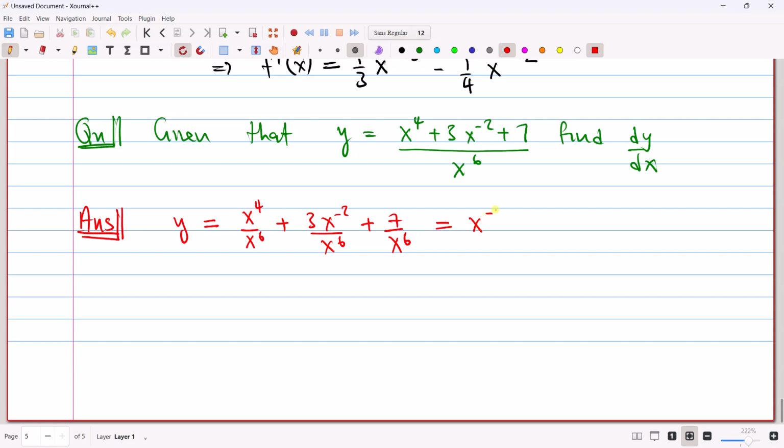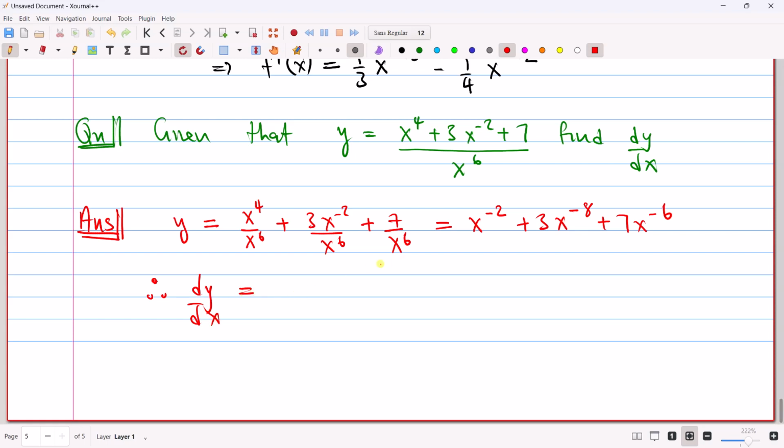You see that? But when we simplify this by laws of exponents, then we see that in the first I get x minus 2, then I get 3x, then to minus 8, then I just get 7x to minus 6, like that. So now things are appearing in the normal structure that we need.